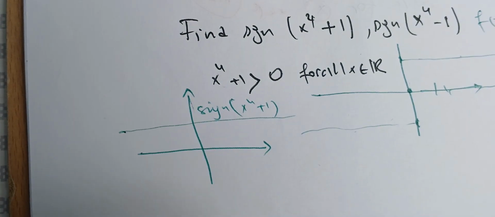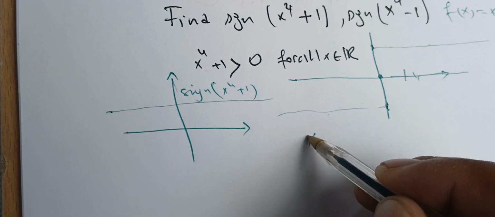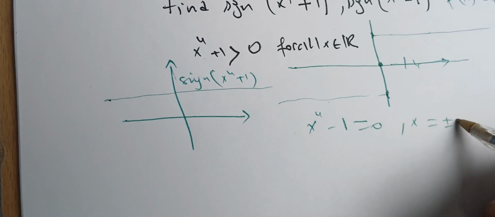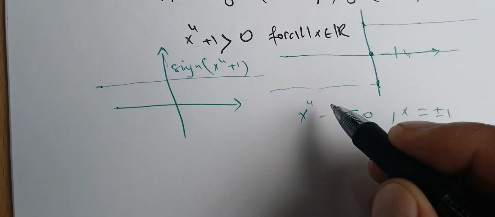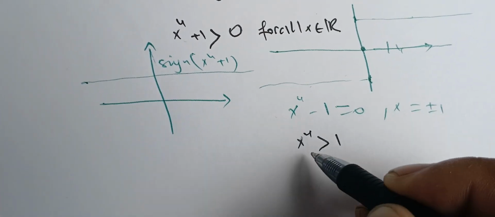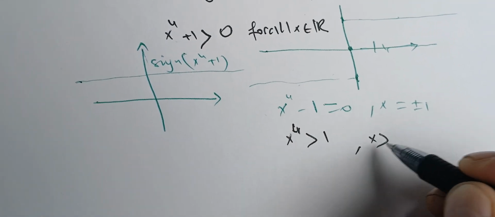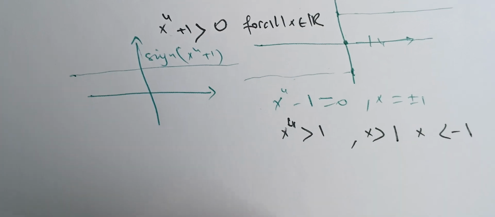On the other hand, we see that x to the power 4 minus 1 is 0 when x is plus or minus 1. And we see that x to the power 4 is bigger than 1 when x is bigger than 1 or x is less than minus 1.